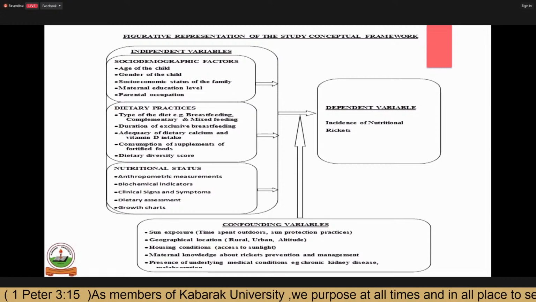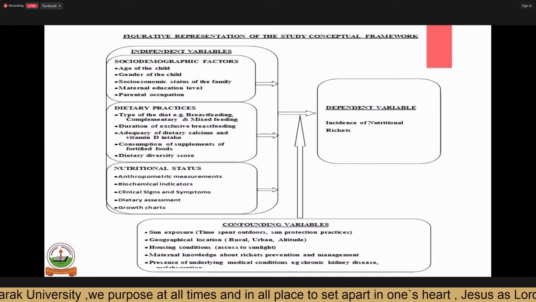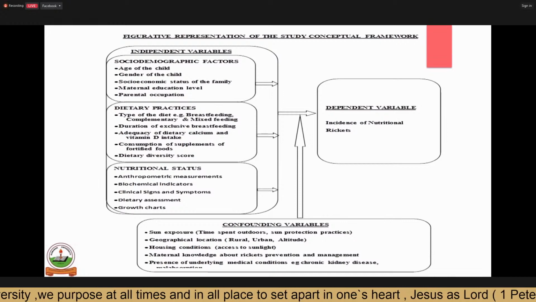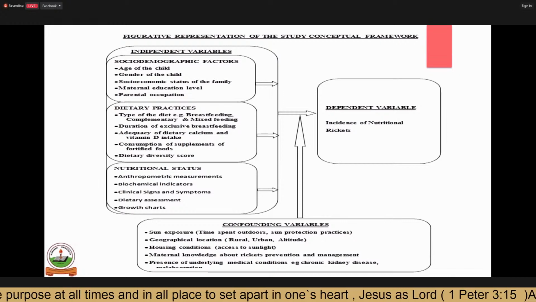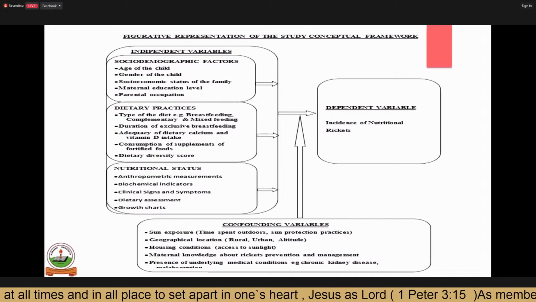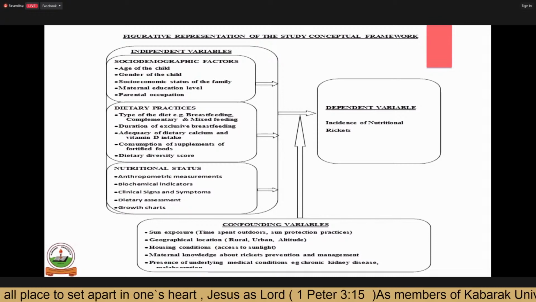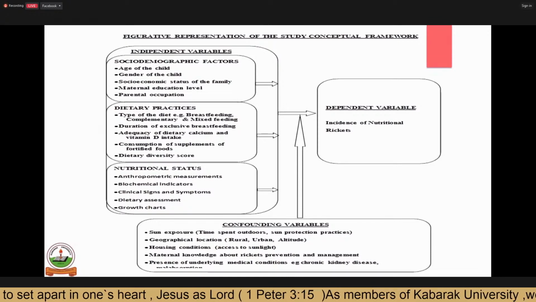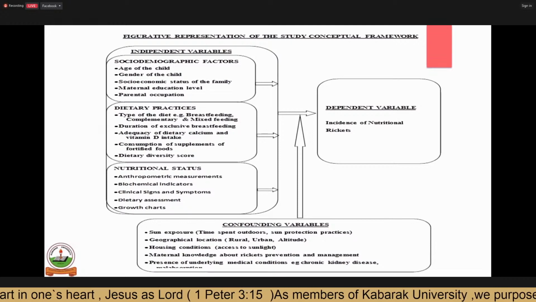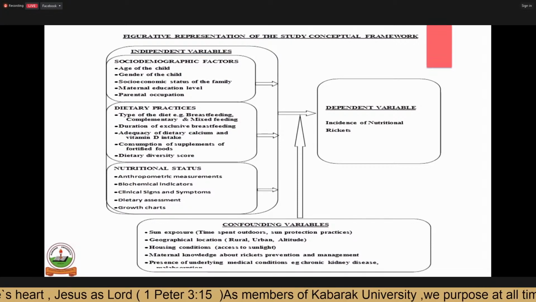There are also confounding variables like sun exposure, how much time do they spend outside with the child, where are they coming from, which kind of housing do they live, is the house able to access sunlight, or is it a house where sunlight cannot reach.